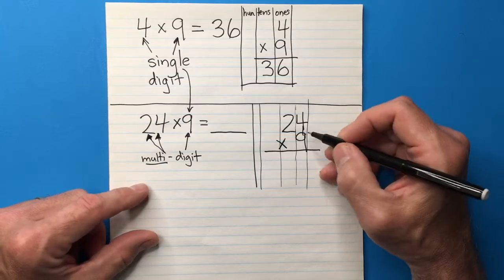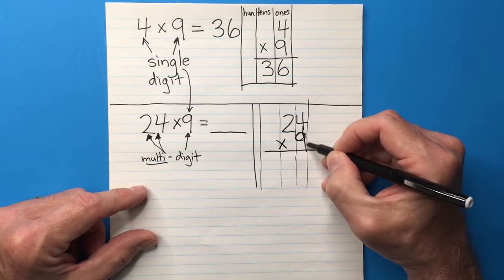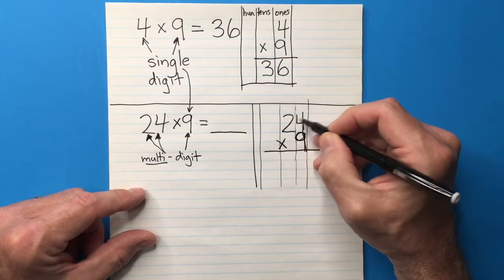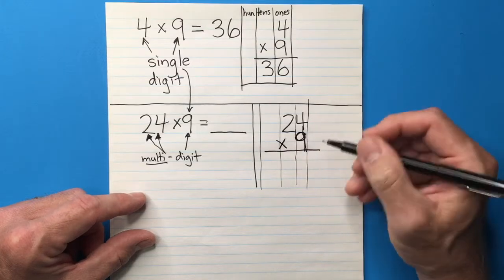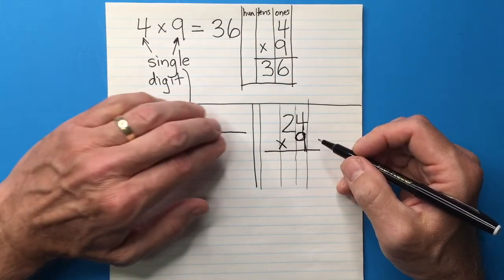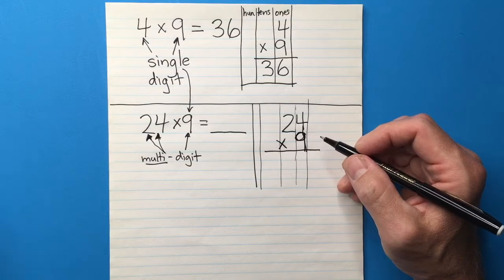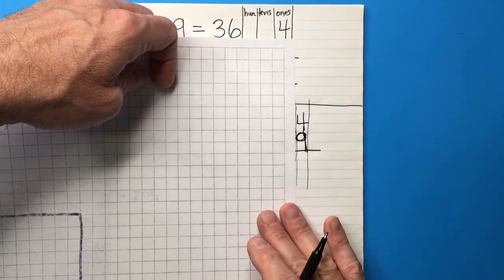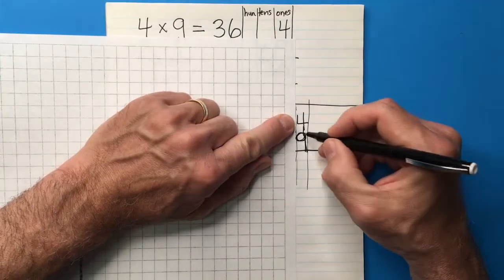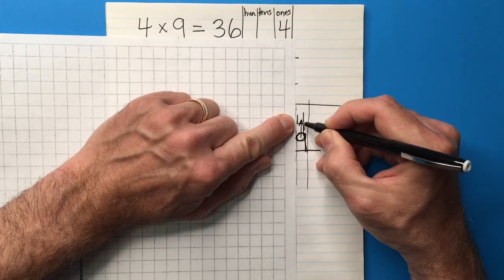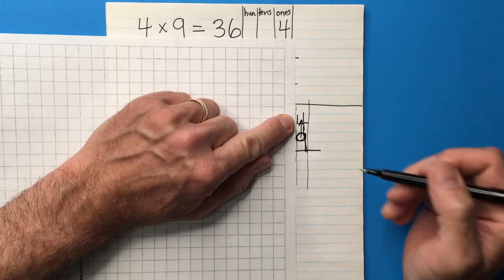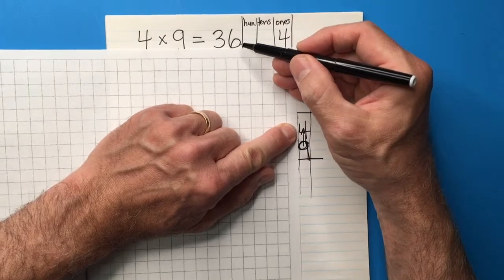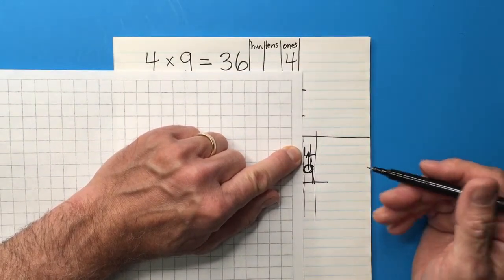So here's the process. This 9 at the bottom, I'm going to multiply the 24 by this 9 at the bottom. But I'm not going to do it all at once. I'm going to ignore the 2 for a little bit. I'm going to cover that up, and I'm just going to worry about multiplying the 9 times the 4. So what's 9 times 4? Well, we did that up here. 9 times 4 is 36.